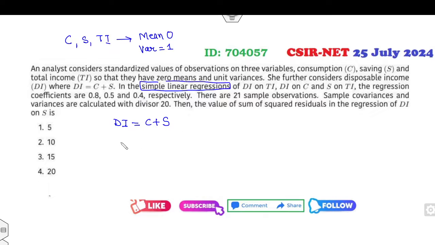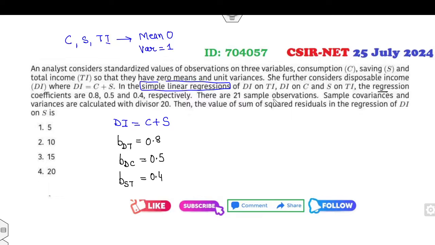The regression coefficient of D on T is 0.8. Regression of D on C is my 0.5. Regression coefficient of S on T is my 0.4.